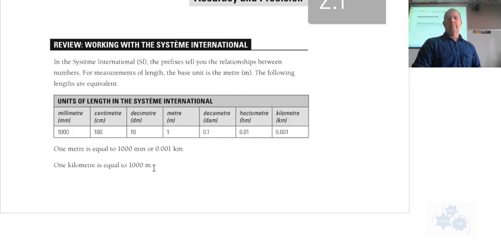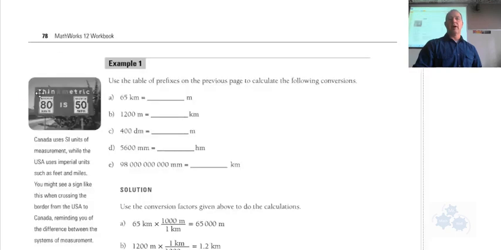Now notice that it's a French system, like the name, Système International, and there's also a lot of spelling that looks a little different. There are two alternate spellings: kilometer, spelled METER, is fine and maybe more common, but METRE is also acceptable, and you'll see that in the workbook a lot.